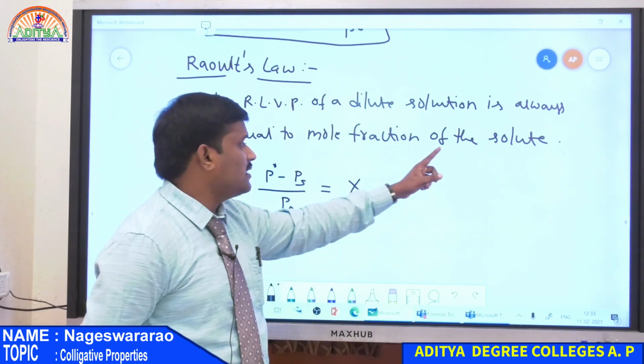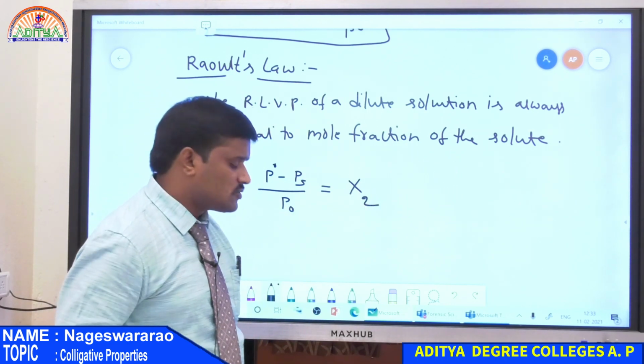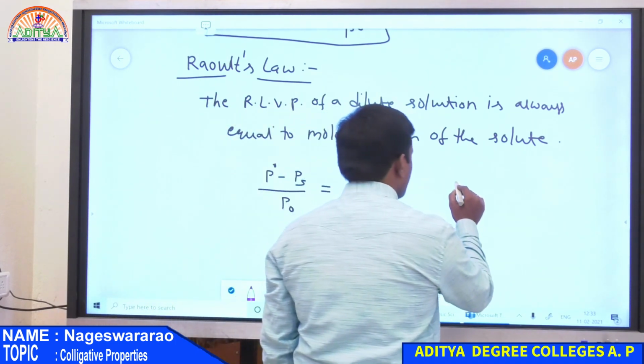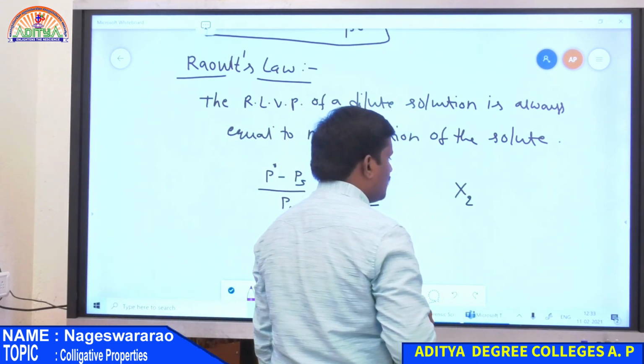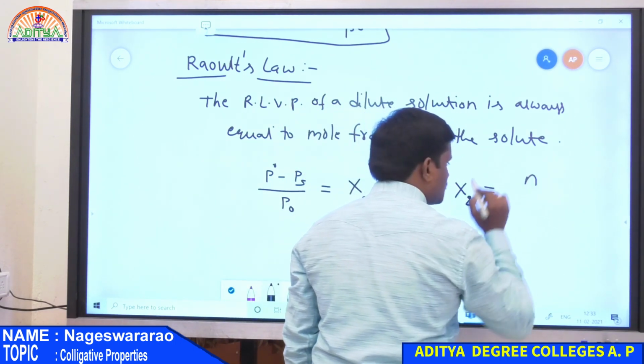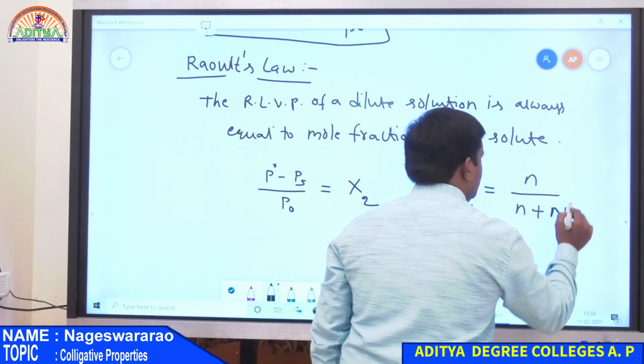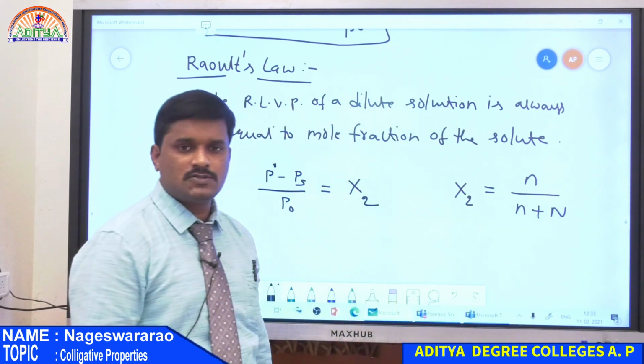Since here it is solute, it is represented as X2. So X2 is the mole fraction of solute, which is equal to the number of moles of solute divided by the total number of moles, that is, of solvent as well as solute.